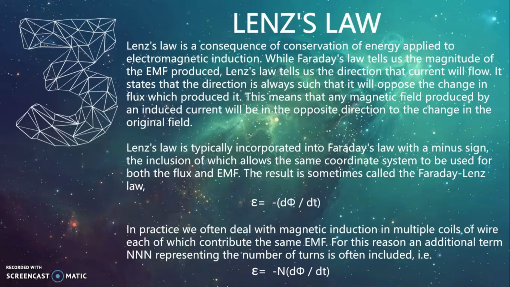In practice, we often deal with magnetic induction in multiple coils of wire, each of which contribute the same EMF. For this reason, an additional term N representing the number of turns is often included, which is epsilon equal to negative N times dΦ over dt.